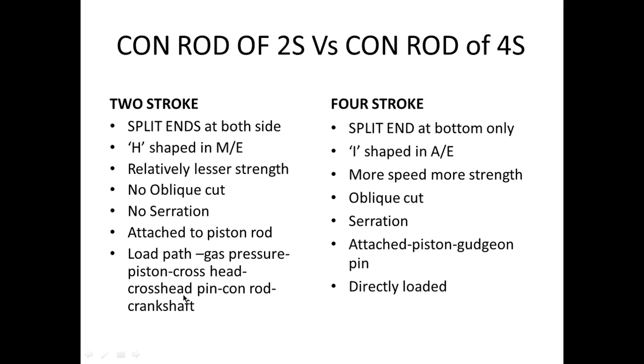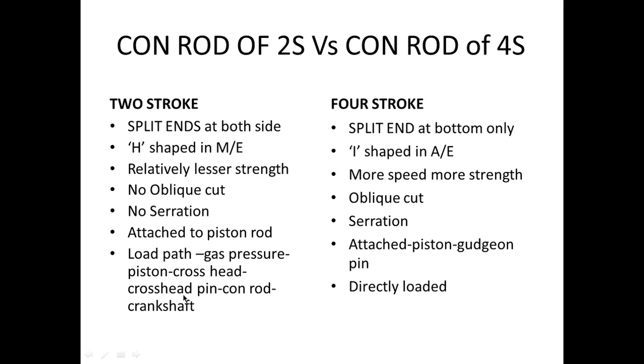Load path. We spoke about the load path: in a two-stroke it is gas pressure, then the piston, then it acts on the crosshead, then we have the crosshead pin, then the connecting rod, and finally the crankshaft. The crosshead also takes the firing load and distributes it by the time it reaches the con rod. It is not so significant that it will affect the con rod bottom.